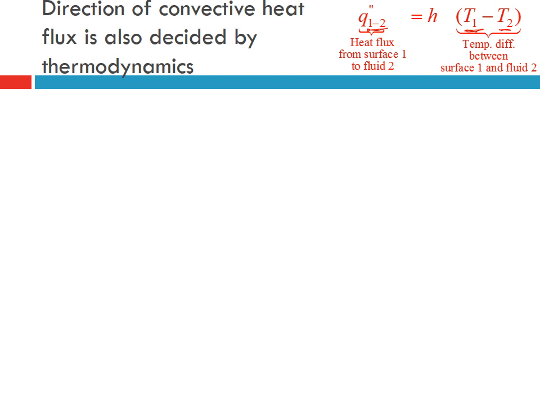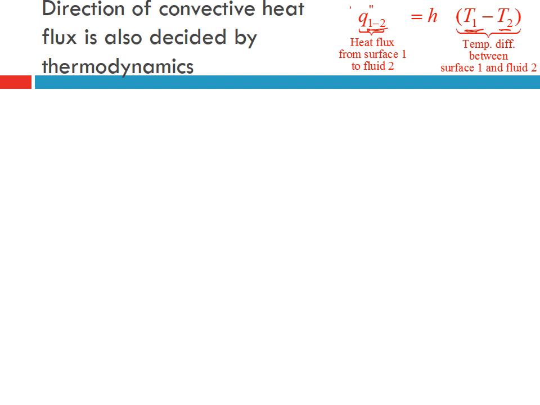We don't have to worry about which one is hot and which one is cold. Now you might say, that's crazy, because heat can only go from hot to cold. So why wouldn't you be concerned?